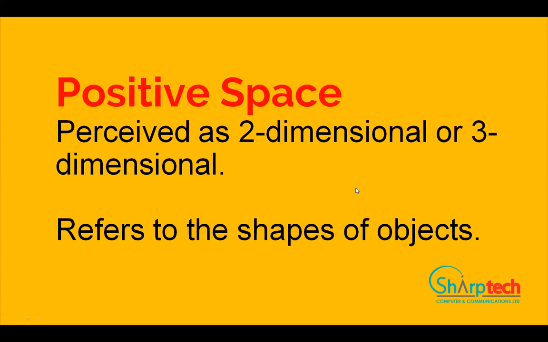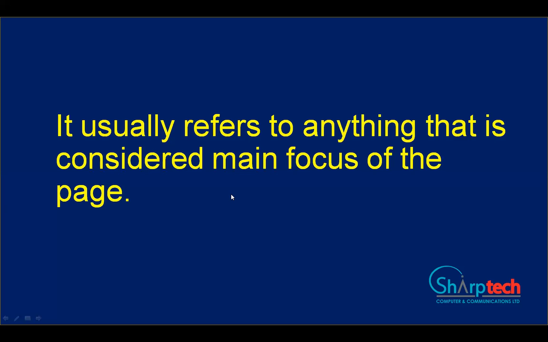So most of the time, positive space appears either two-dimensional or three-dimensional. Remember, we said a two-dimensional object is measured: you measure the length, you measure the height and the width, not so? Yes. So just like what you are looking at here.